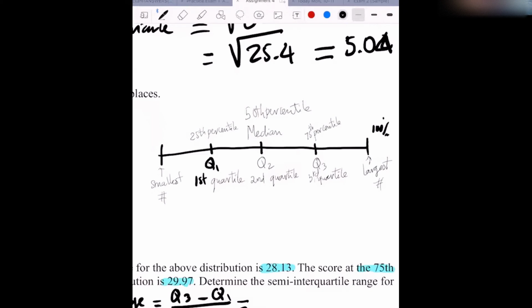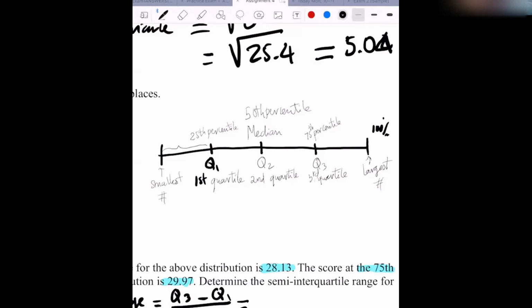Each quartile contains what percent of the data set, just by looking at the graph here?